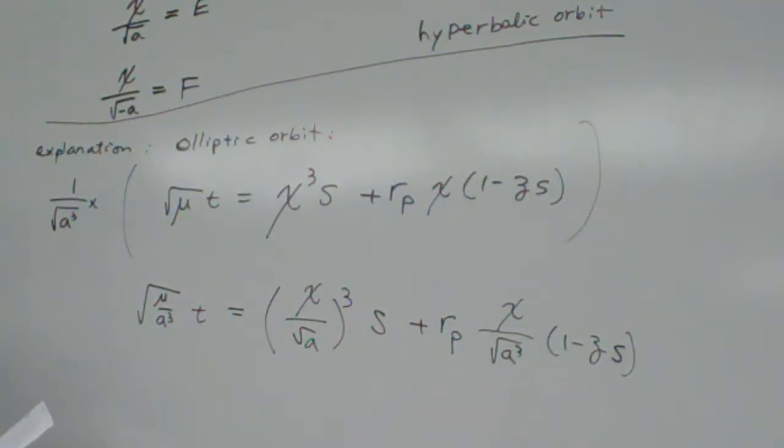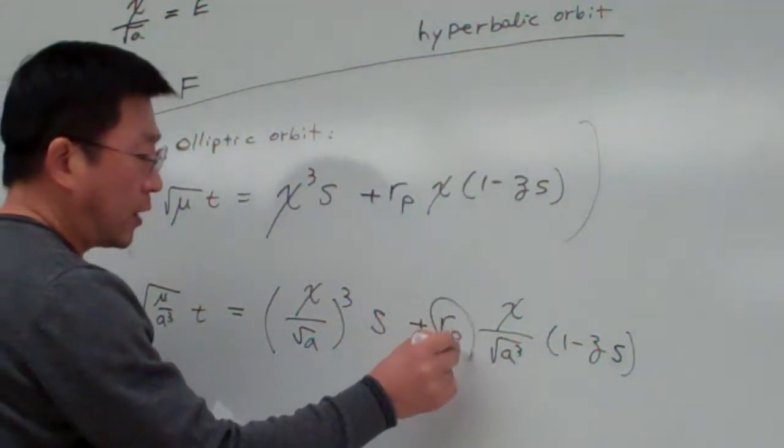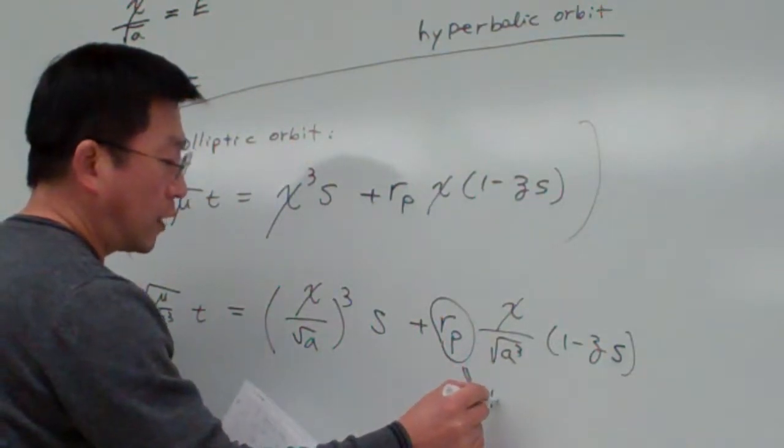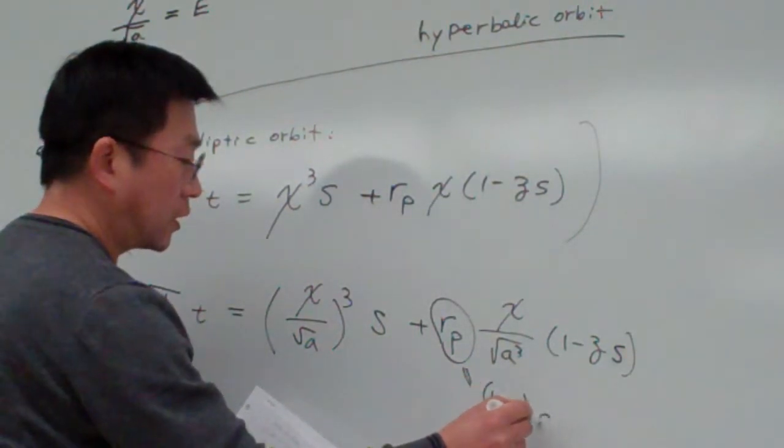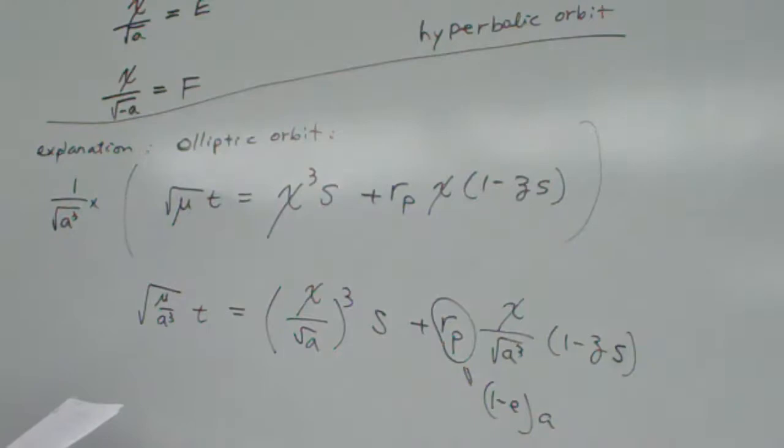And we can replace Rp by 1 minus e times a. Okay, so that is for elliptic orbit.